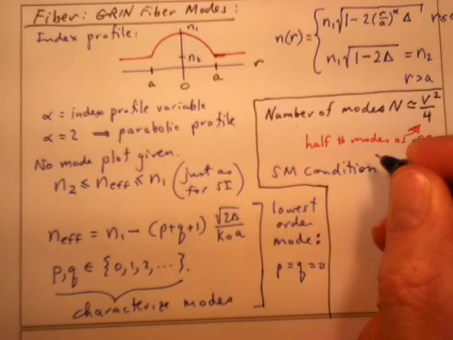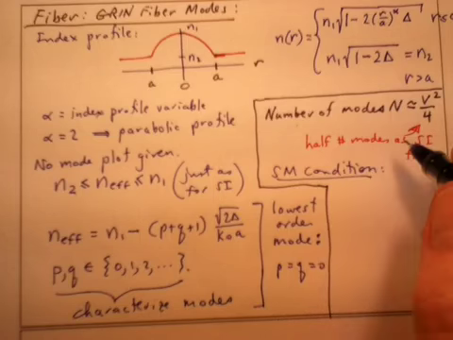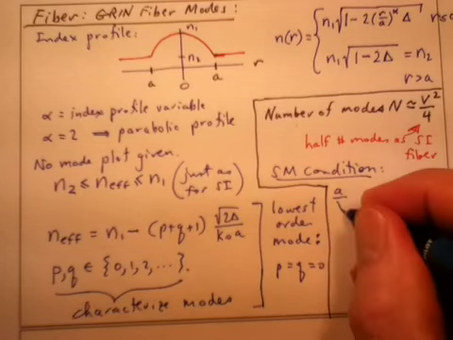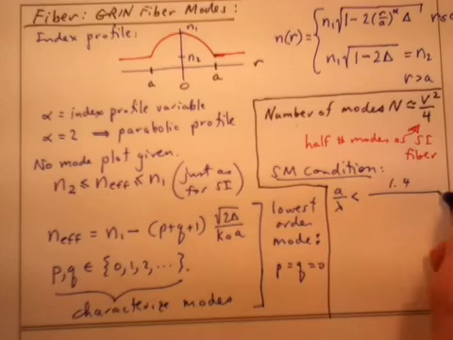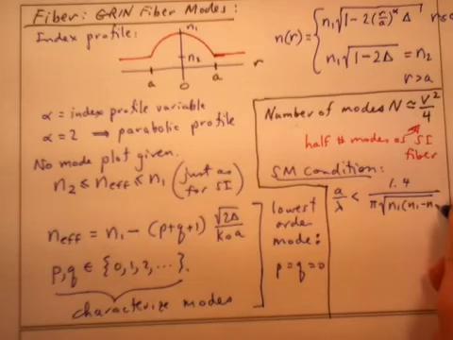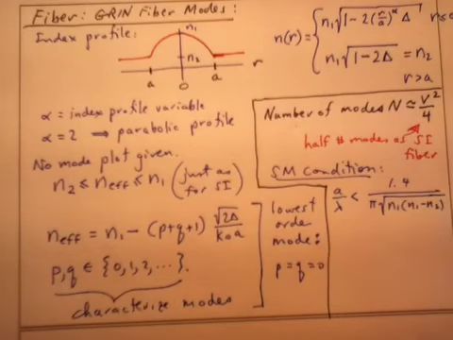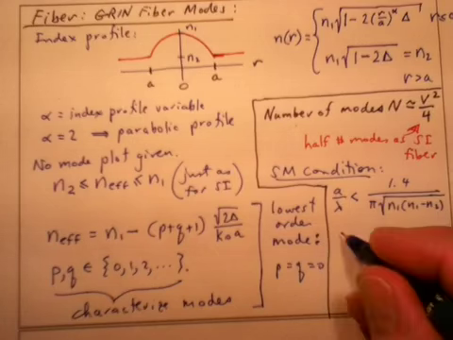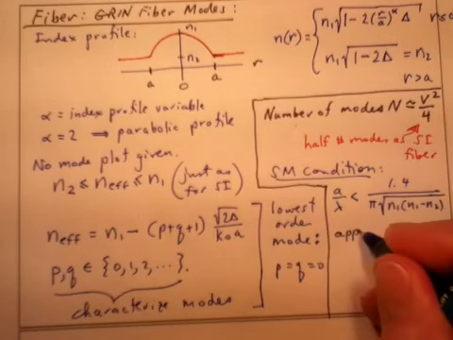So the single mode condition is that a over lambda is less than 1.4 over pi times the square root of n1 minus n2. So this is empirical, I think, an approximate equation.